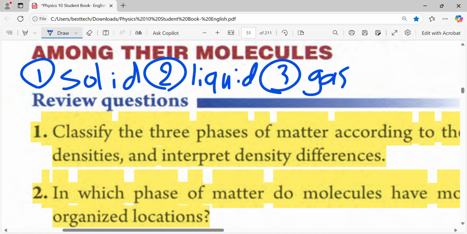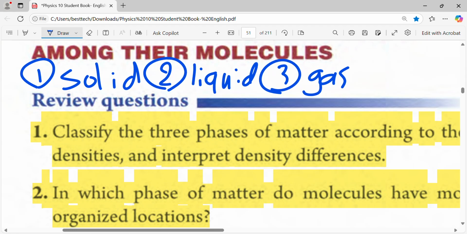The question says classify according to their density. It means which one has the lowest density, in order from the lowest density to the greatest density.